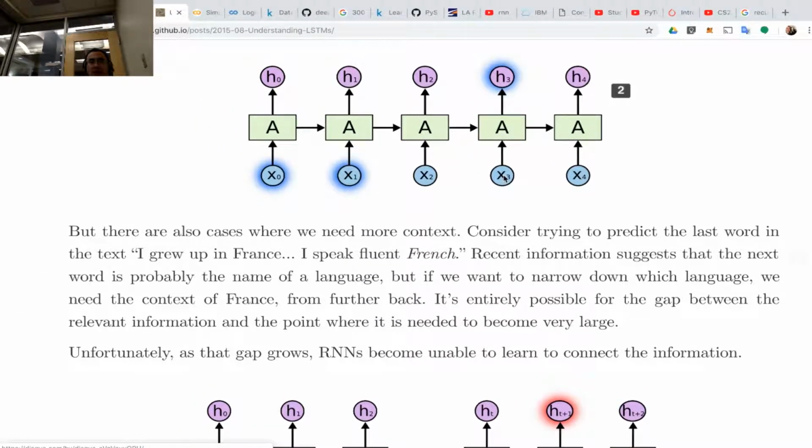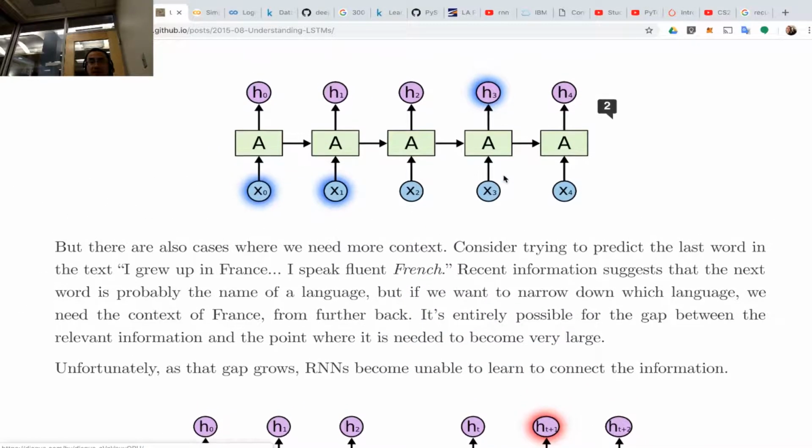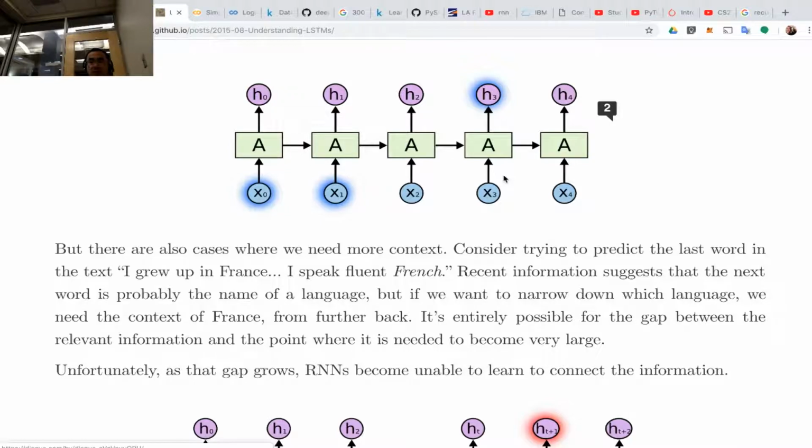But there are also cases where we need more context. Consider trying to predict the last word in the text: "I grew up in France. I speak fluent French." Okay, so this is easy.